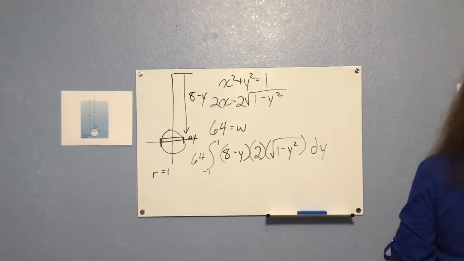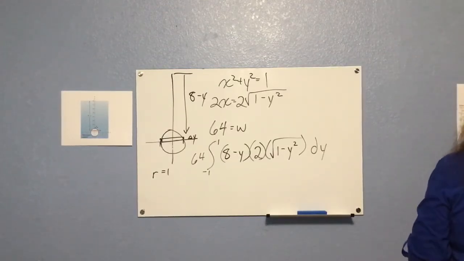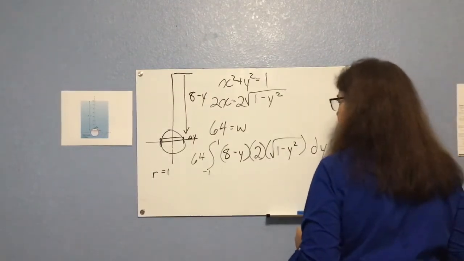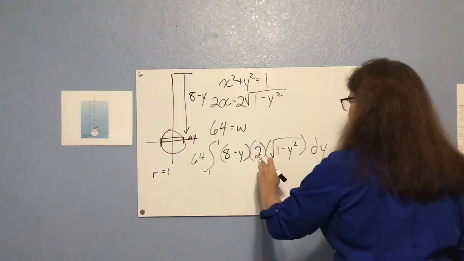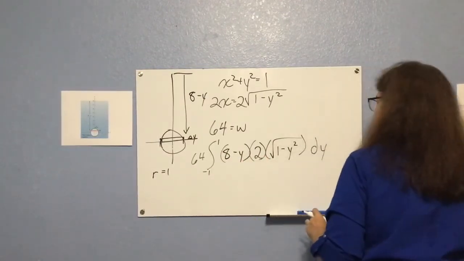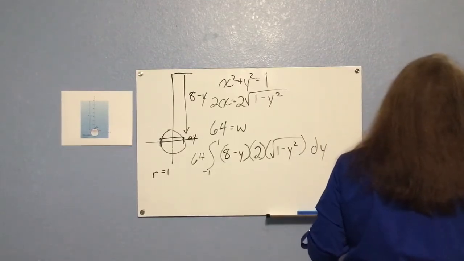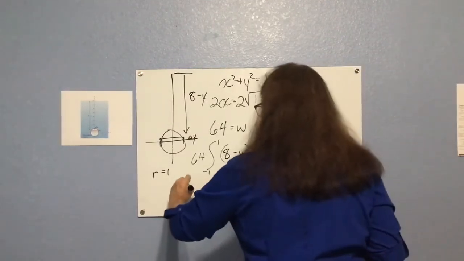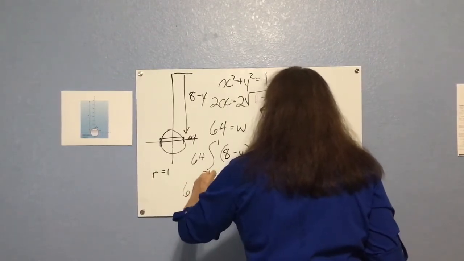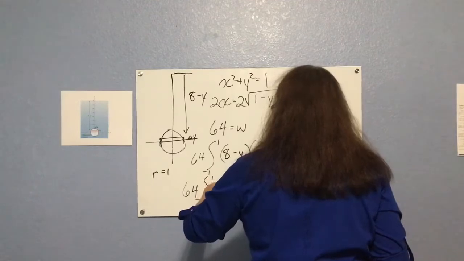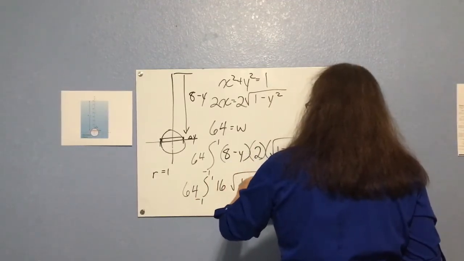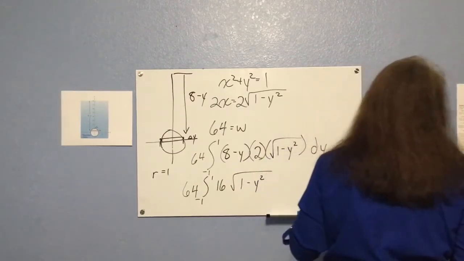Okay, we're going to separate this into two integrals. In the first one, we're going to multiply the 2 times 8, of course, is 16. So we're going to have 64 times the integral from -1 to 1 of 16 times the square root of 1 minus y squared.